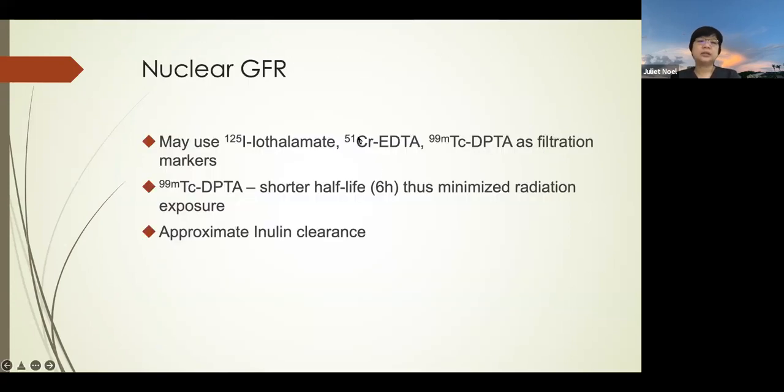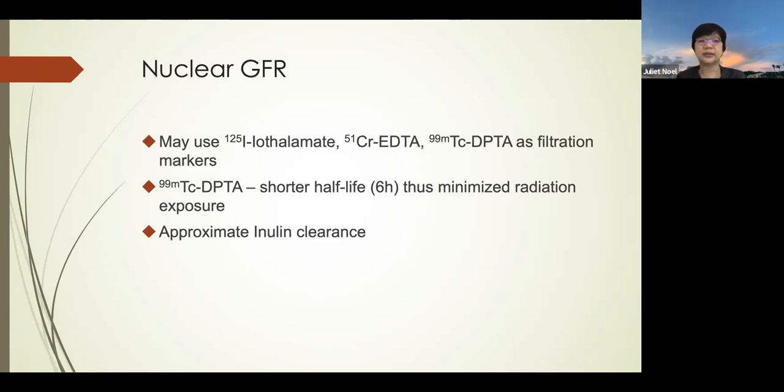These markers are still secreted, but the reason why it still approximates inulin clearance is because we give a fixed concentration, so the secretion is also fixed. So it becomes negligible because it's a fixed level.